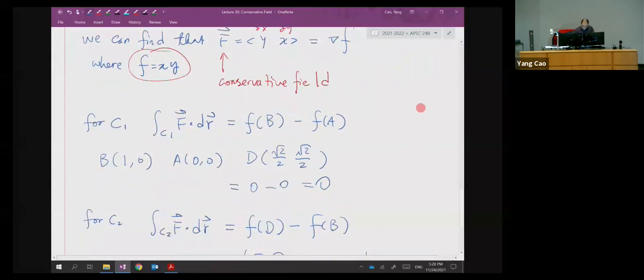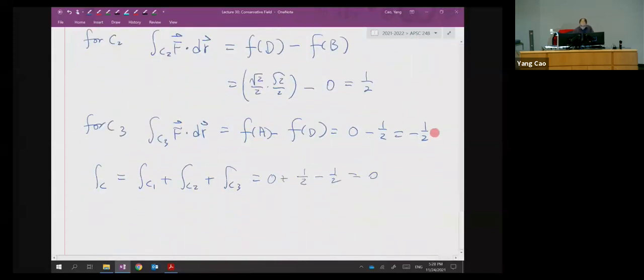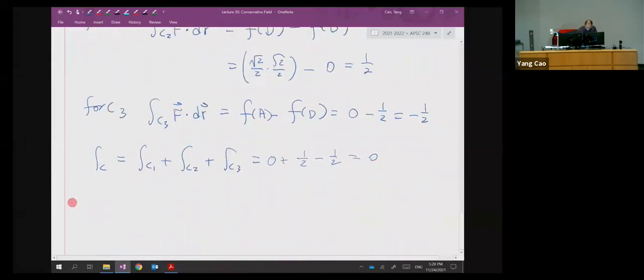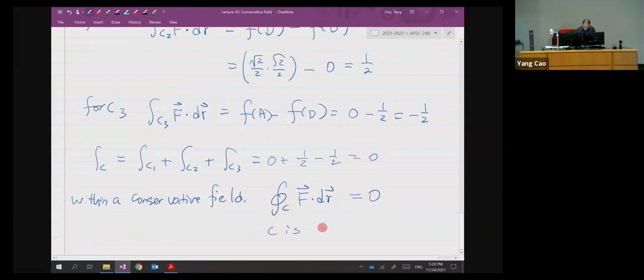But this is just a demonstration, basically. Within a conservative field, if you integrate over a closed loop, it will be 0. So C here is a closed curve or loop.